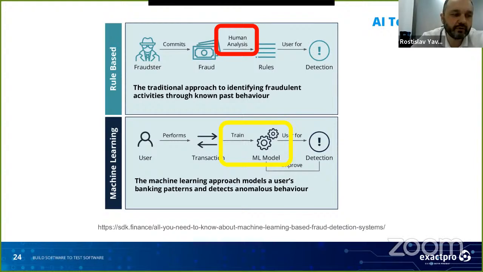And what's better about machine learning is that even if someone designed some new fraud scheme, which was never used in the past, at least for this organization, so you don't have any examples or data about this kind of behavior, machine learning can still show that this behavior is not typical, that this is an outlier, an anomaly.